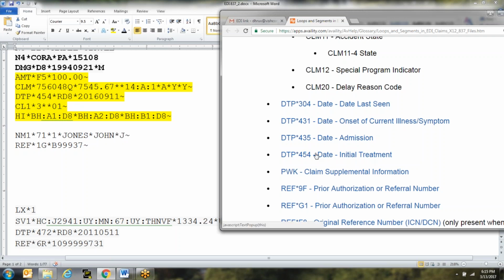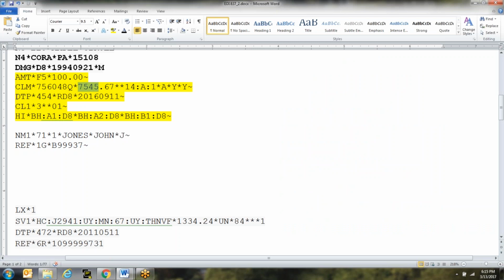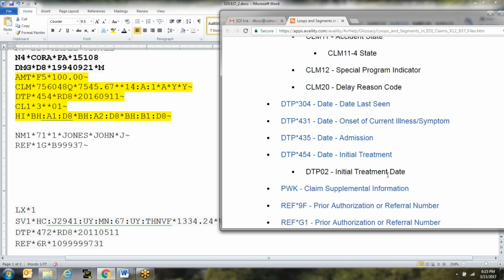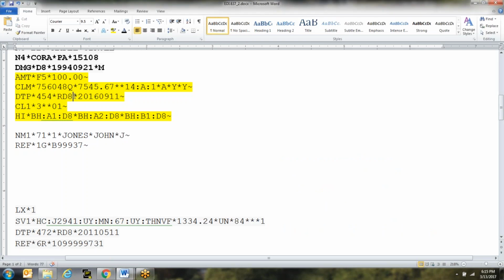DTP*454, date of initial treatment. So we have DTP*454 here. What does it mean? Initial treatment date.